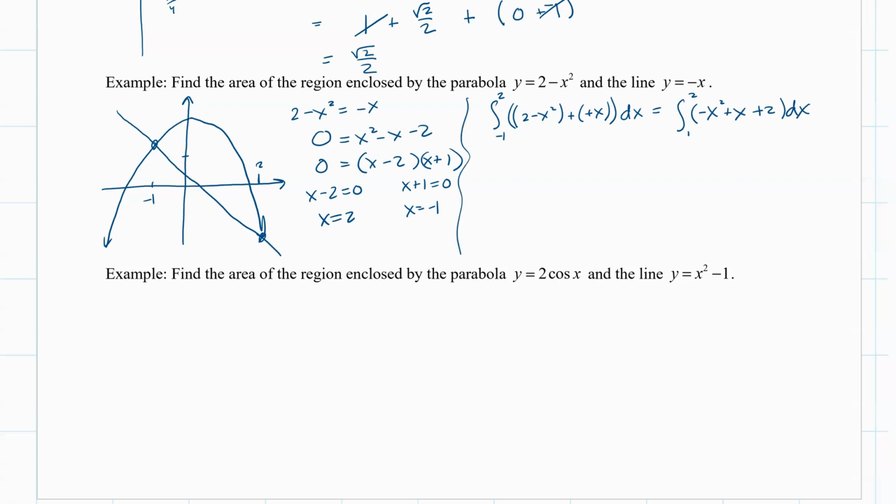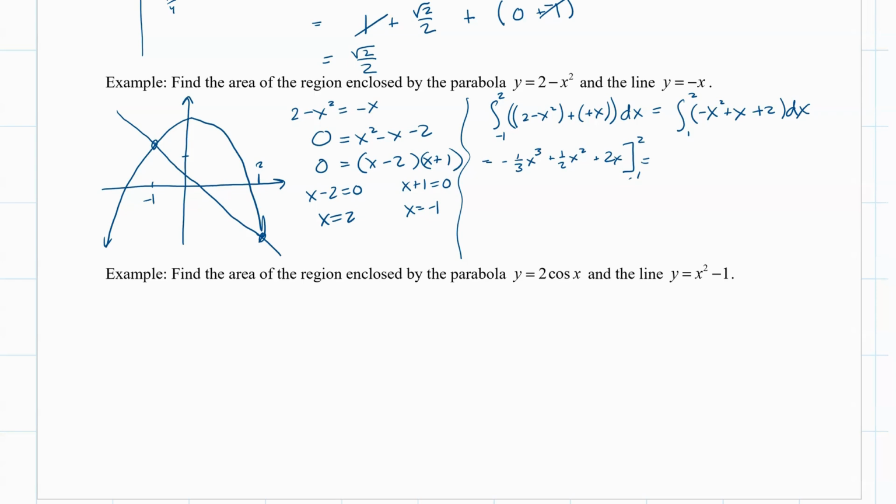All right, let's get ready to find the antiderivative there. Antiderivative of -x squared is going to be -1/3 x cubed, and then plus 1/2 x squared, and then antiderivative of 2 is 2x. We're going to do this as x goes again from -1 to 2.